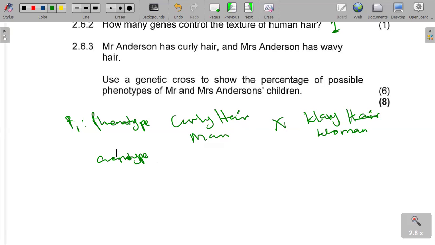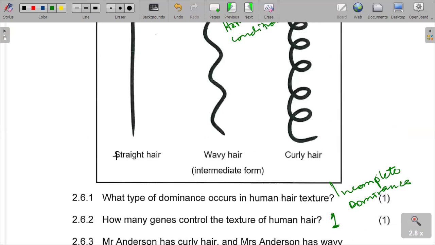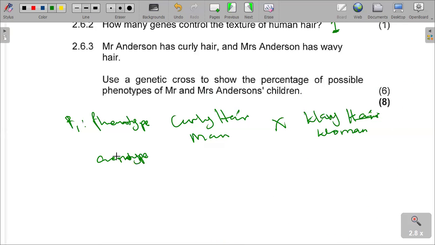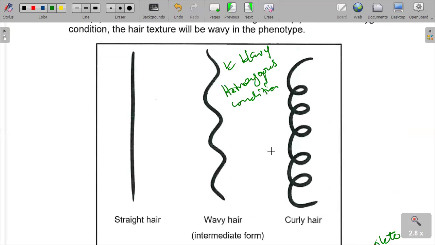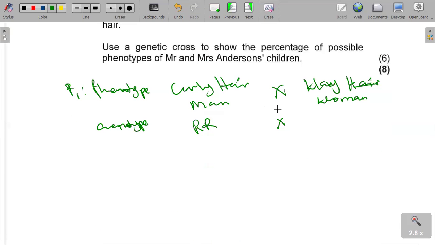Our curly hair, as represented in the question, is represented by RR. And then Mrs. Anderson has wavy hair, which is a heterozygous condition. It's an intermediate, so we have RT, because it's a combination of both alleles.